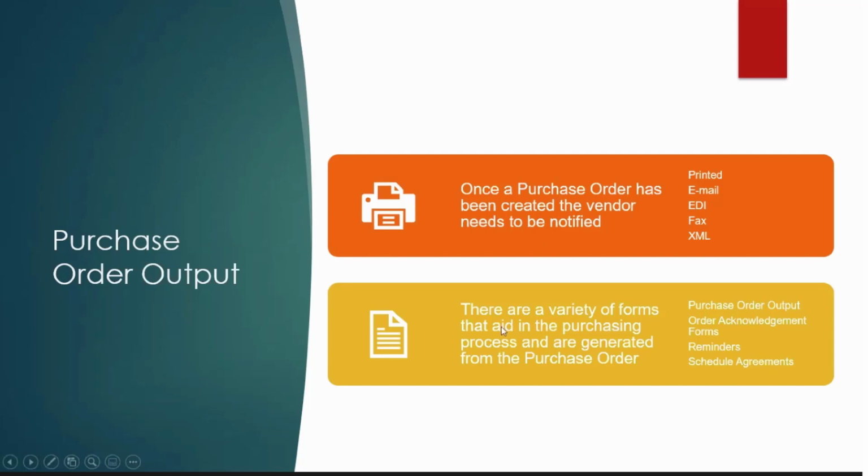There are a variety of forms that aid in the purchase process. For example, you can have some reminders. Imagine that you want to buy something every month. You can schedule a reminder every month, and the system will remind you that you have to buy. You can also have a schedule agreement. What is a schedule agreement? This means you have a contract with a company.